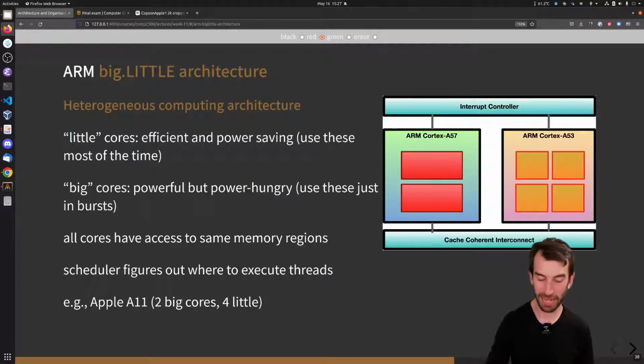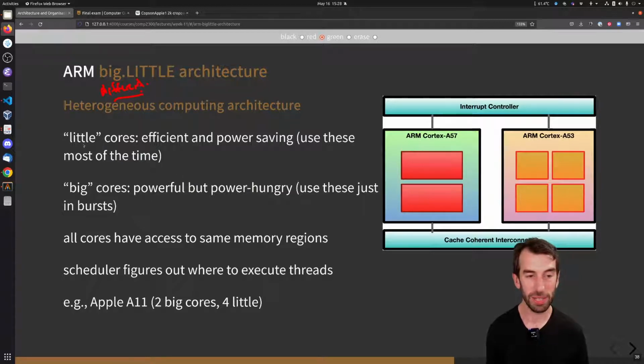On my AMD Ryzen computer, or maybe your Intel computer at home, you might have lots of cores that are essentially the same. But ARM had this idea of heterogeneous computing architectures. Heterogeneous means different size, or different core computing architectures.